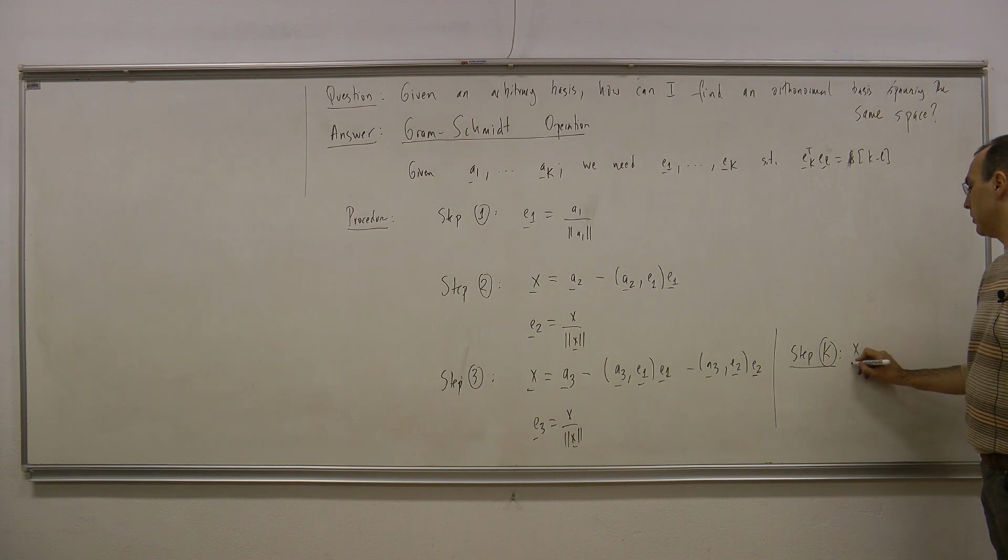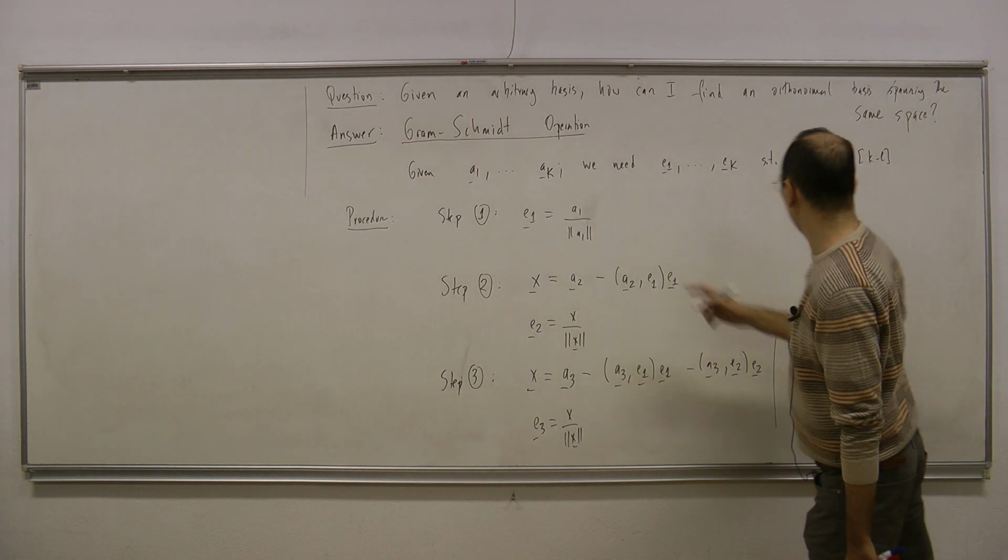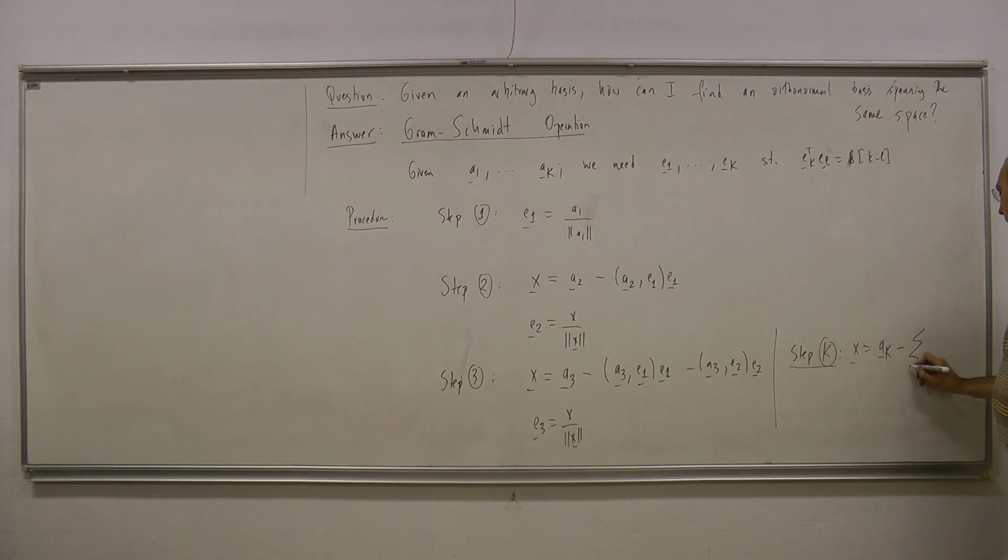is x equal to AK plus one of these vectors minus the projections. I think some of you at least should guess what we are doing over here.